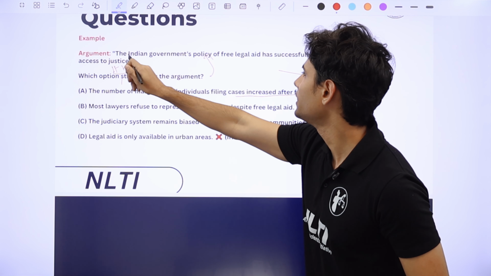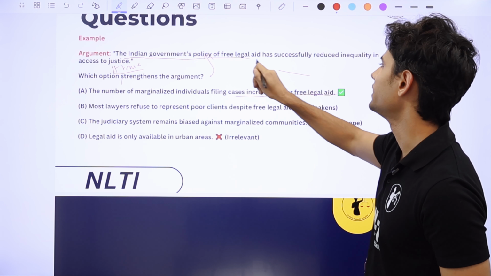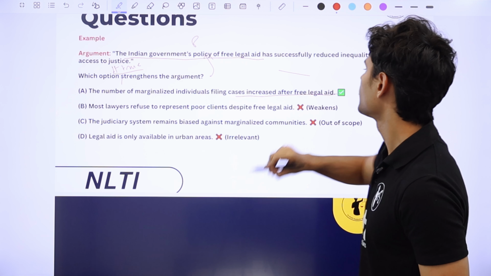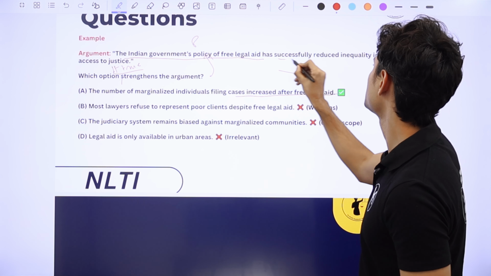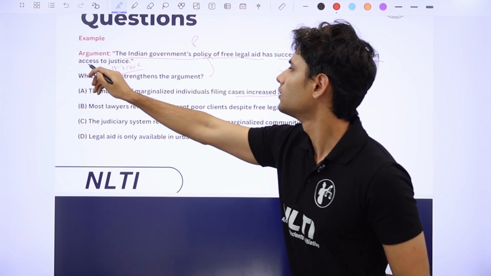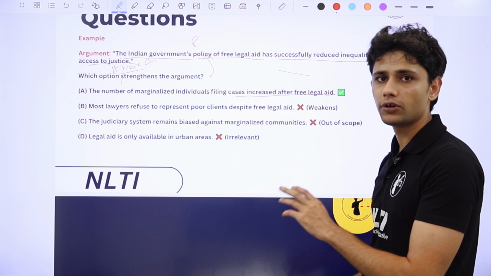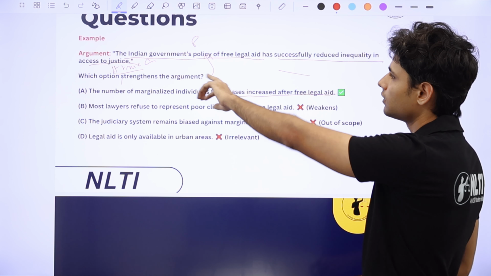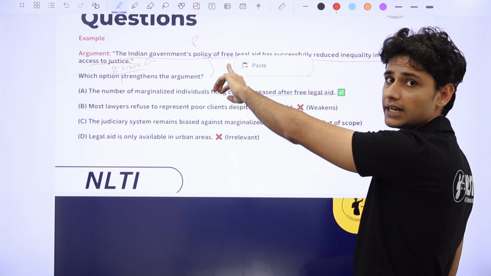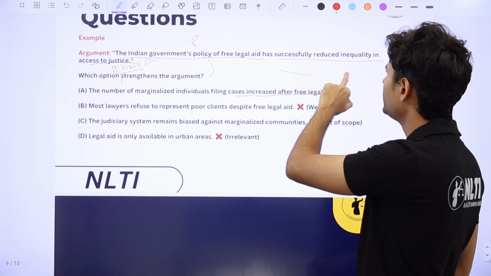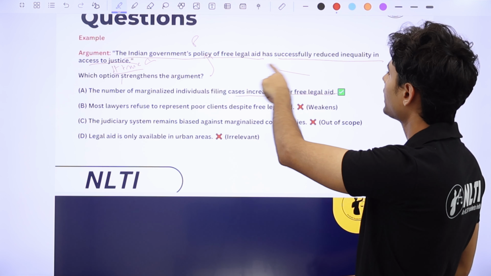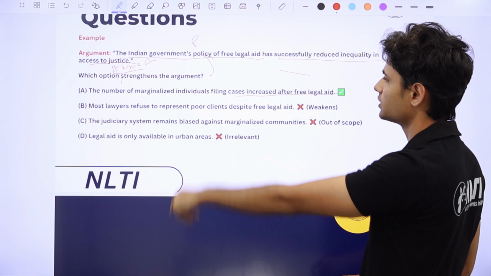The premise here is the Indian government policy of free legal aid, okay? This is our premise. The conclusion is that it has successfully reduced the inequality. This is our conclusion, okay? In between these two, we have an assumption, which is that the government has introduced the policy of free legal aid, and therefore the inequality has successfully reduced in access to justice.